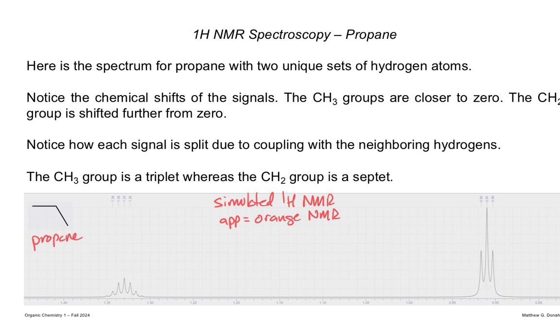It's kind of hard to see, but I think this says 0.9 is the chemical shift there. So that's closest to 0. And then this is like 1.3 or something. So it's shifted at a higher chemical shift. And we stated before that these would belong to the CH3 groups. And then this would belong to the CH2 group.